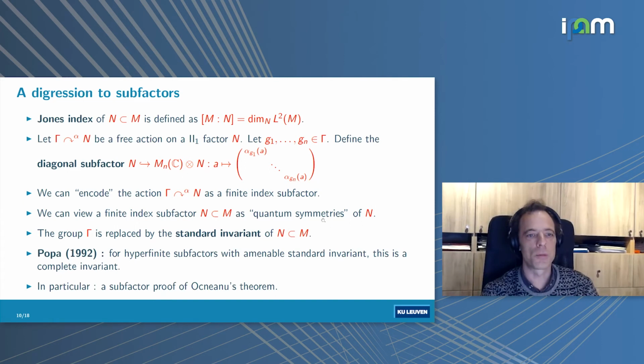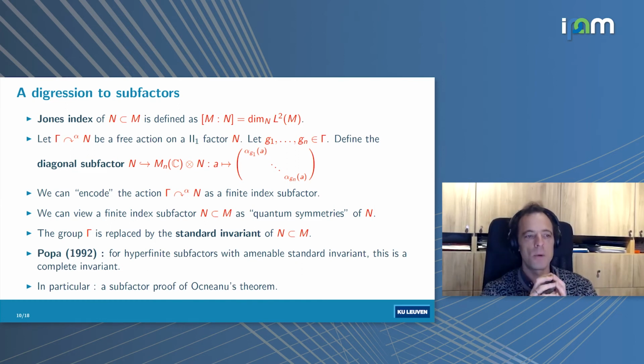Of course, I will not be talking about a standard invariant of subfactors, but let me nevertheless mention the famous theorem of Sorin Popa, proving a uniqueness theorem: for hyperfinite subfactors with an amenable standard invariant, this is really a complete invariant for the subfactor.